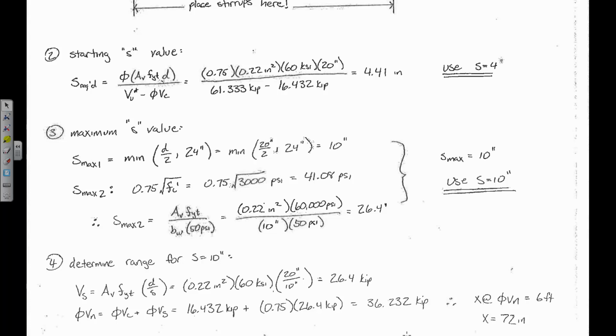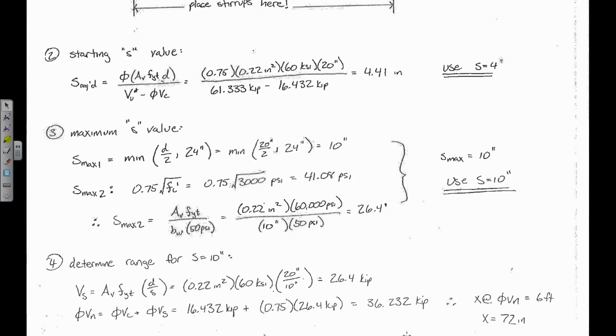Place first stirrup at x equals 2 inches. Then we're going to use 4-inch spacing until x is 72 inches.